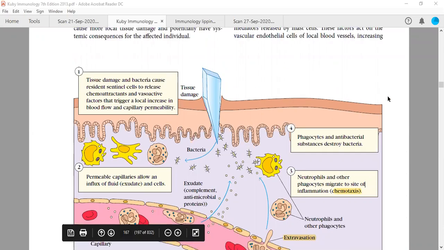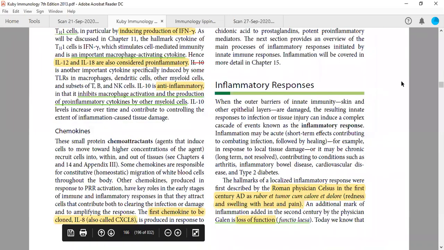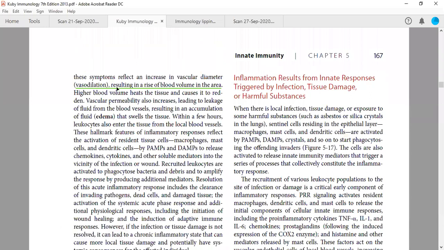Because there is increased diameter of blood vessels, it results in a rise of blood volume in this particular area, and because there is a large volume of blood in this zone, redness is seen, right, due to the increased amount of blood in this area where you are having an injury or if there is an infection.